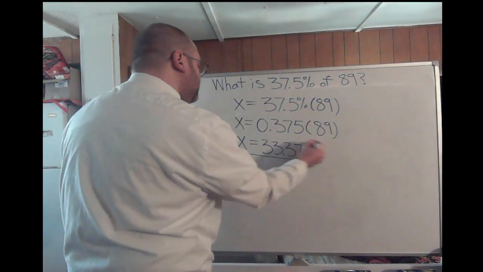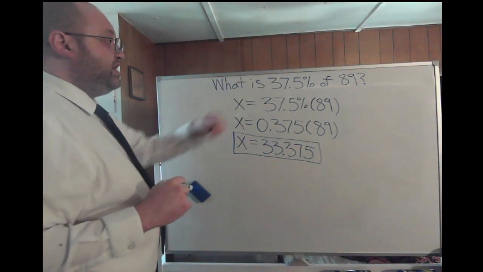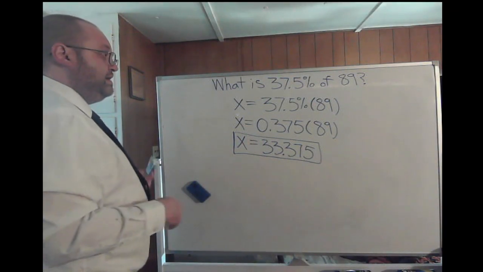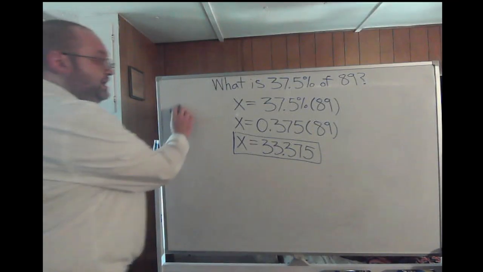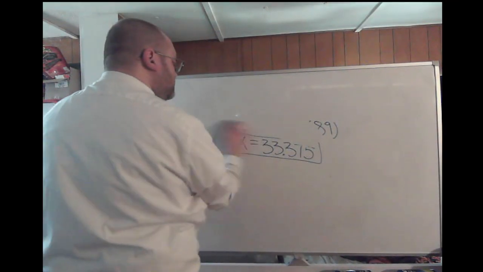So the answer is 33.375 is 37.5% of 89. That's what we would get.